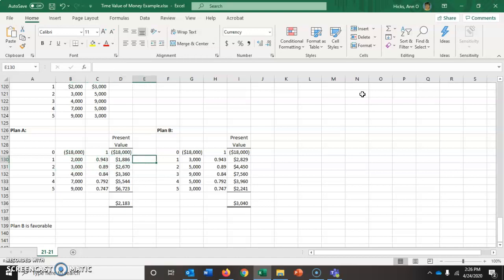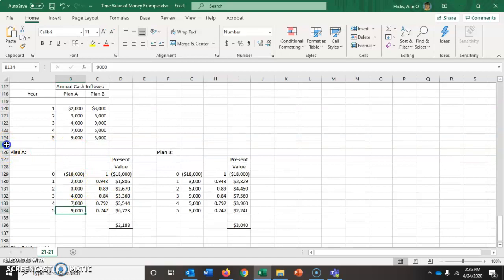Time value of money means the money we get sooner rather than later has greater value. And if you look at Plan A, the early years, their cash flows are smaller than in Plan B and higher in the later years.